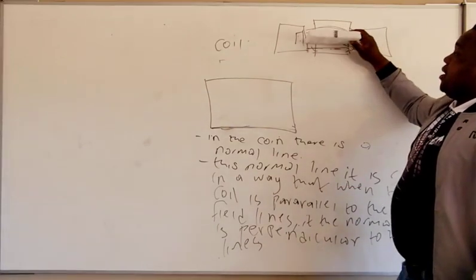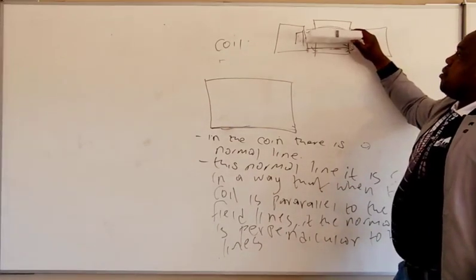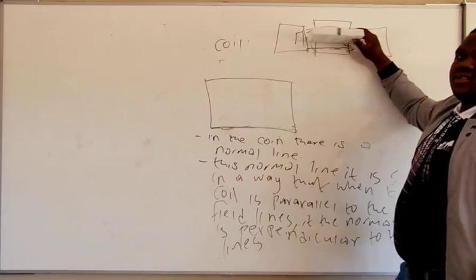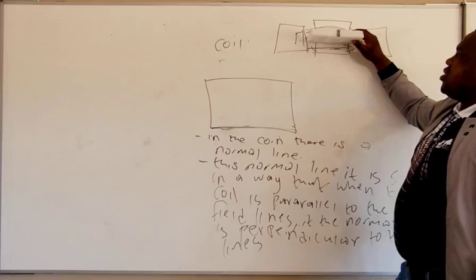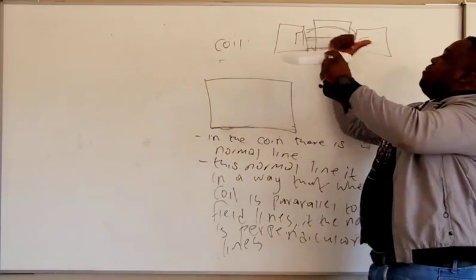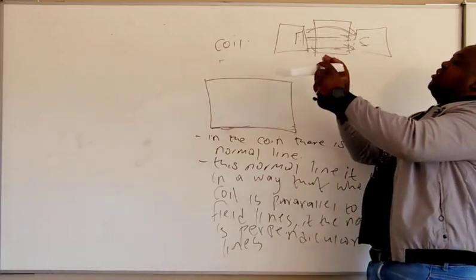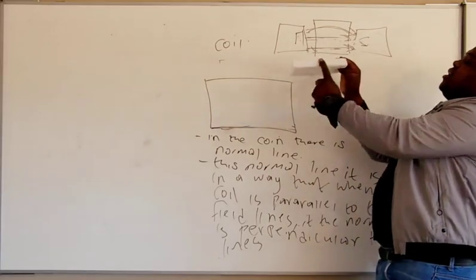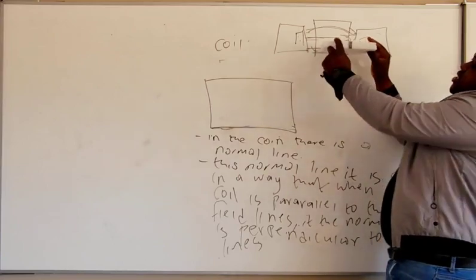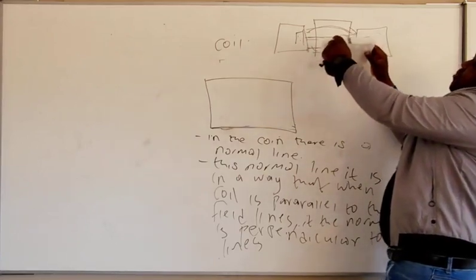When the coil is parallel to the electric field lines, you can see, right? When it is parallel, the electric field lines are pointing in this direction. Even this coil is lying, and this part, I can say, has pointed this direction. You can see, right? So what will happen?